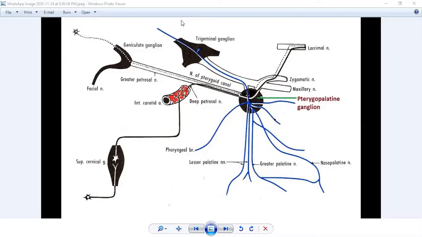You are talking about a branch of the maxillary nerve, yes. So it has nothing to do with the facial nerve, but it is also another cranial nerve that supplies the face for pain, temperature, touch, and sensation, the trigeminal nerve.